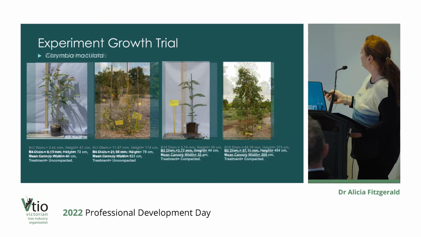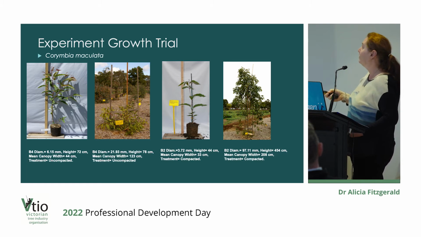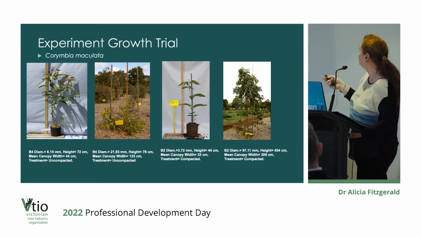So for Corymbia, the worst specimen, you can see there's quite a lot of dieback. That was in uncompacted soil. And the best specimen was in compacted soil, and that had a height of 454 centimetres.